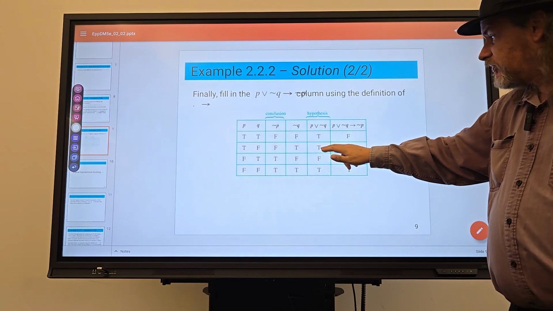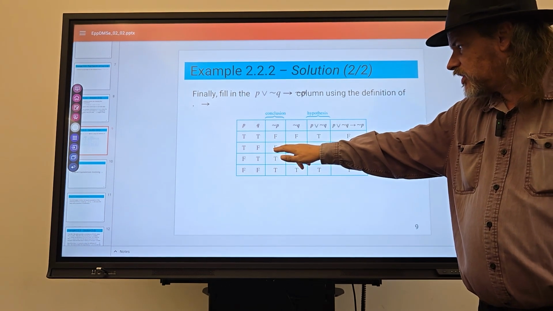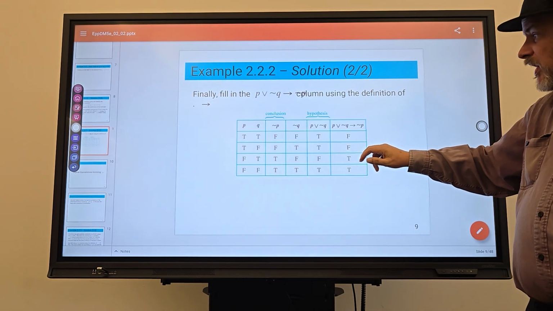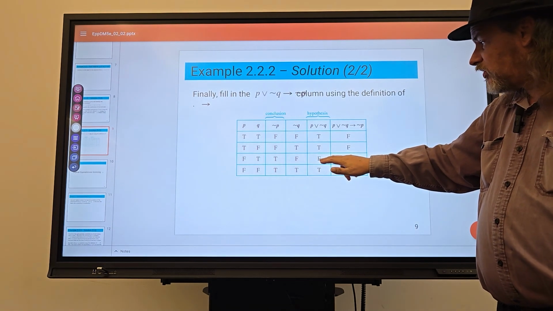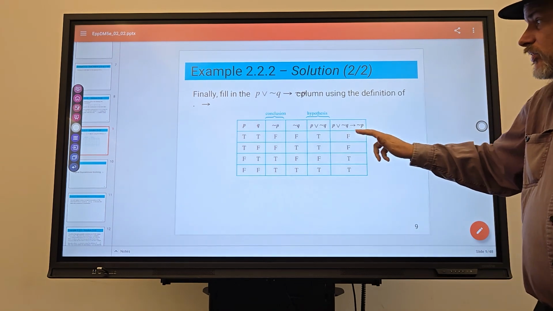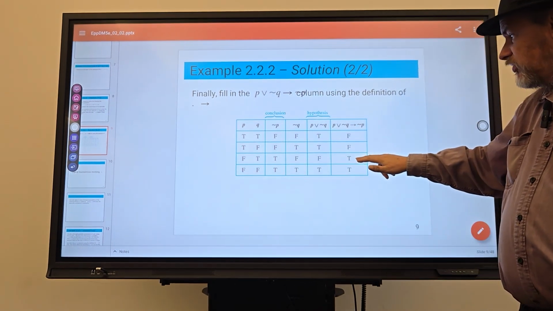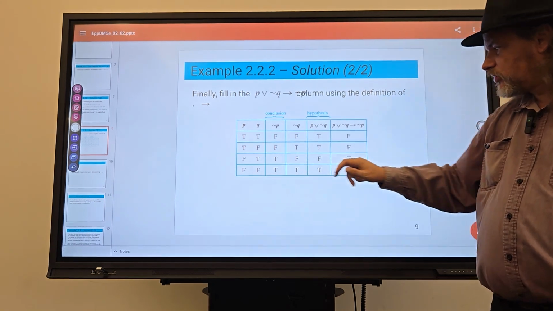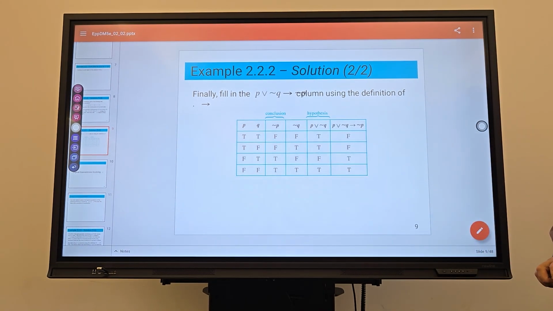Likewise here, if the hypothesis is true and the conclusion is false, then it's false. If the hypothesis is false, it's automatically going to be true regardless of what the conclusion is. If the hypothesis is true and the conclusion is true, then the implication is true.